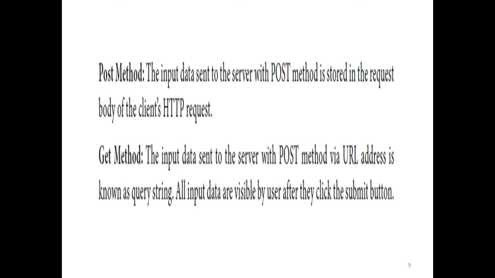Suppose you see the public examination result, you just enter the register number and your date of birth properly. This is the input data sent to the server. It is sent with the help of the URL. You see the web address, you know the query. All the input data are visible to the user after they click the submit button. If you submit it, you see the result. These are the two ways: post method and get method.